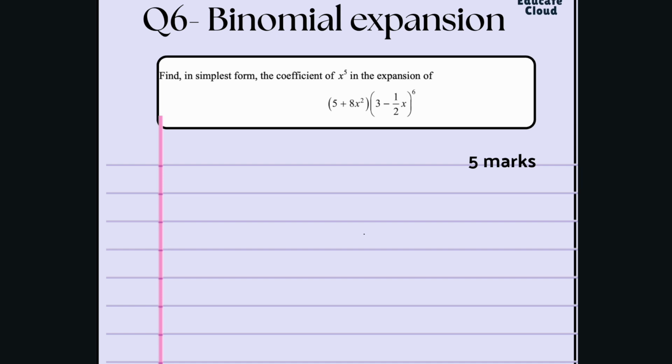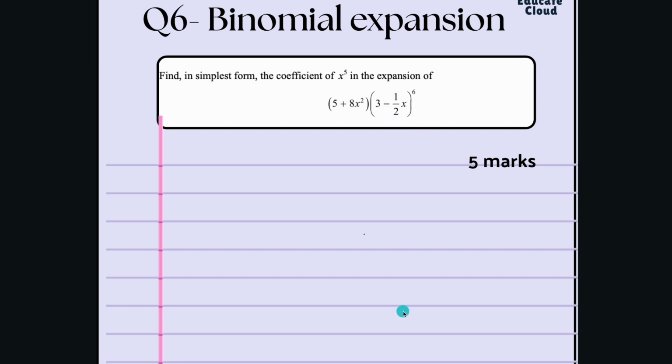So for this question, we would use the n choose r, and we would just go straight to find the 5th and the 3rd of 3 minus a half x to the power of 6.